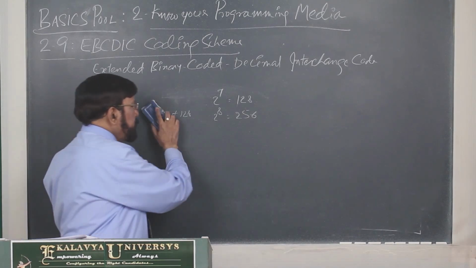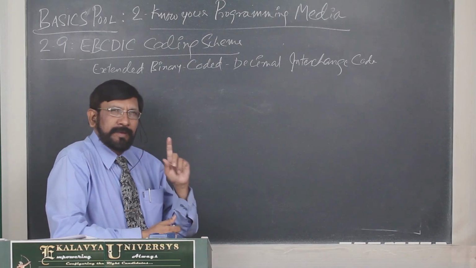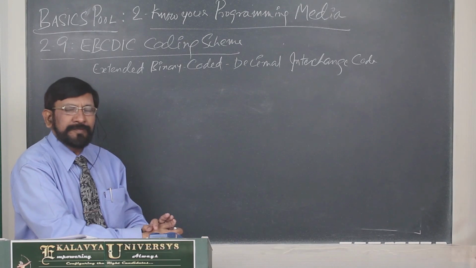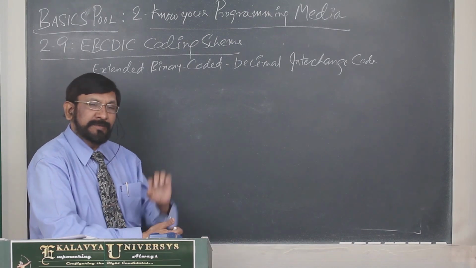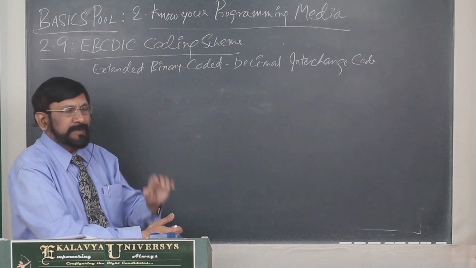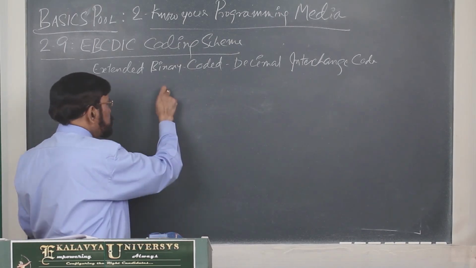128. That's why extended ASCII supports 256, that is 2^8. That means it uses 8 bits. ASCII uses 7 bits. In a similar manner, EBCDIC also uses 8 bits.